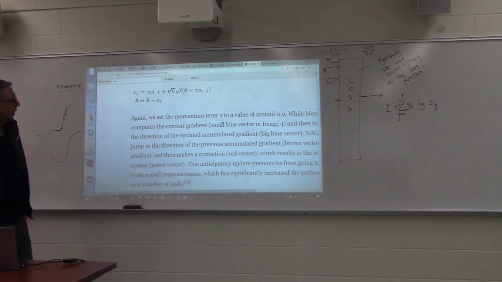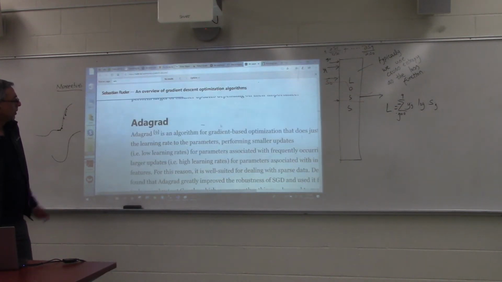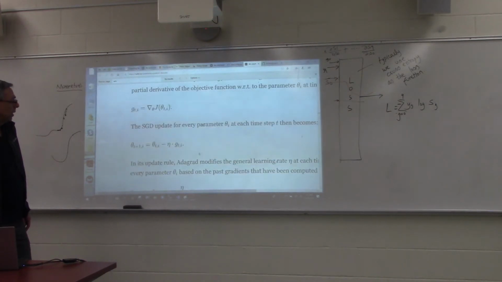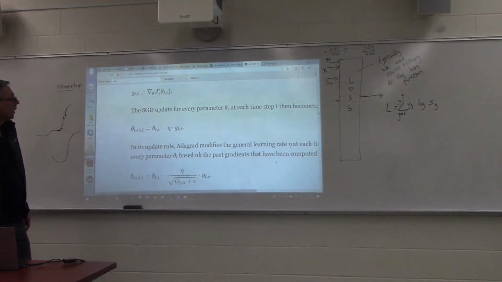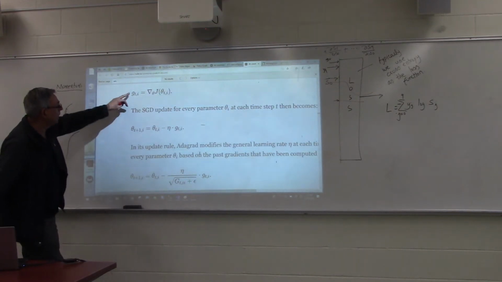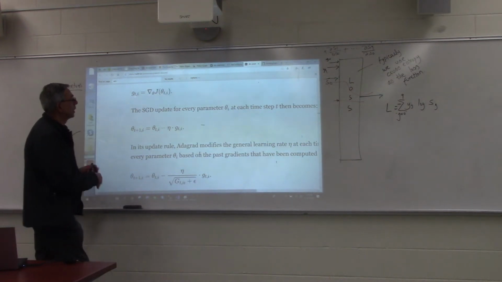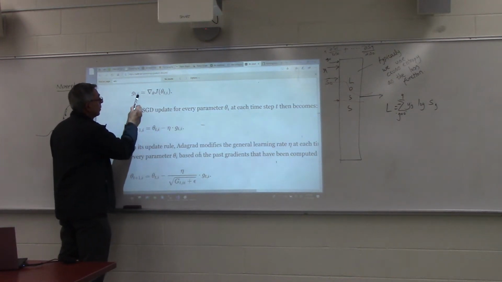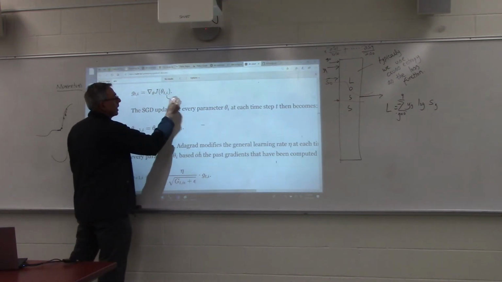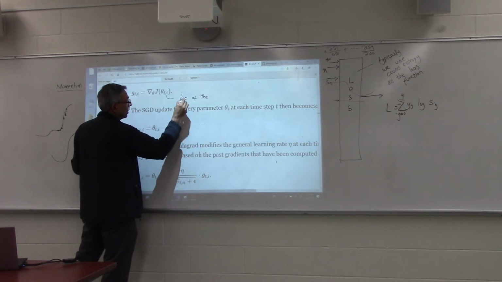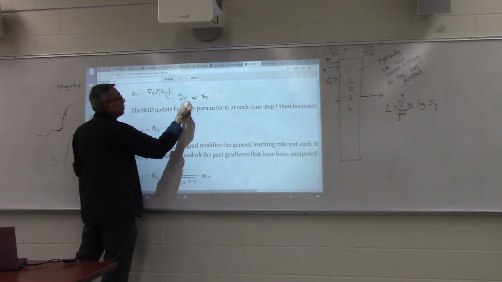So if we go down here, Adagrad. Let me see if I can show you. Here, if we define g_t,i as the gradient with respect to theta i, where i is, for example, one of the weights. So theta i could be one of the weights.